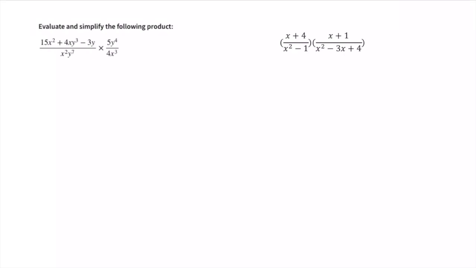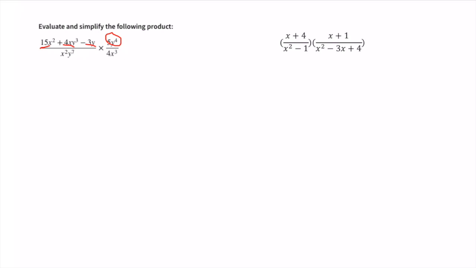Okay, so this first one. Okay, what I want to do is first I'll worry about the tops. So really what I'm going to end up doing here is I'm going to multiply each factor over here by 5y to the 4.